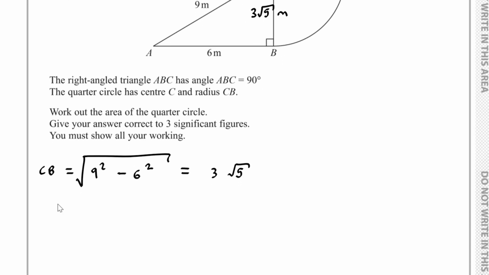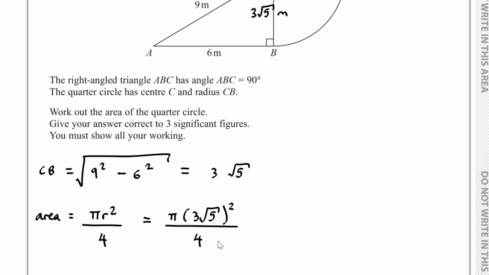So therefore the area of a circle is equal to pi r squared, and then we divide this by 4 because we've got a quarter circle. So if we work all of this out, we've got pi lots of 3 root 5 squared divided by 4.